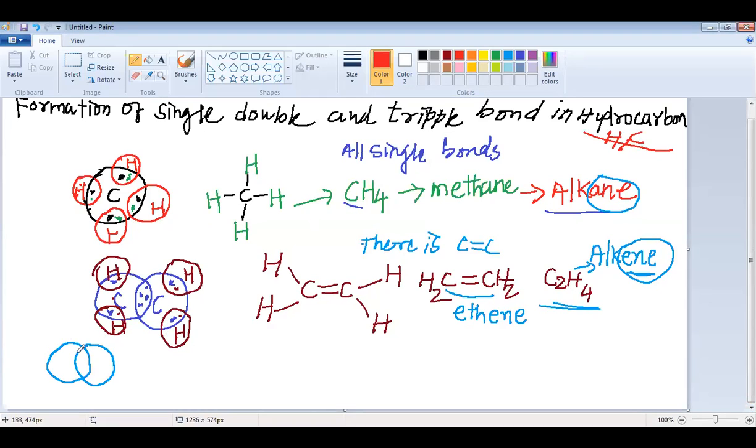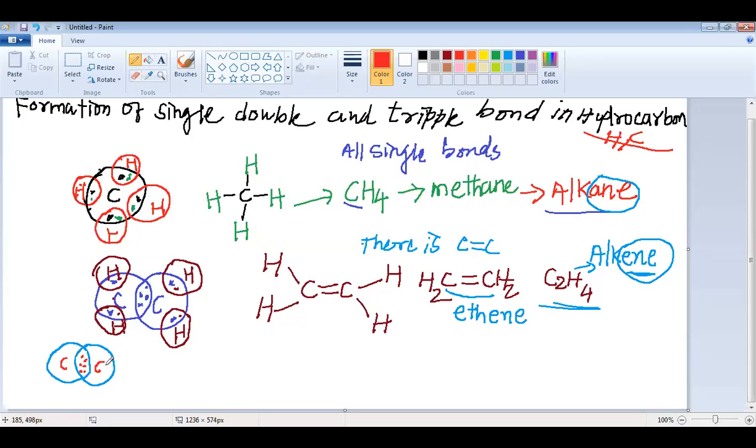Let us say each carbon shares 3 electrons. When 3 electrons are being shared, we get a triple bond between these two carbons.